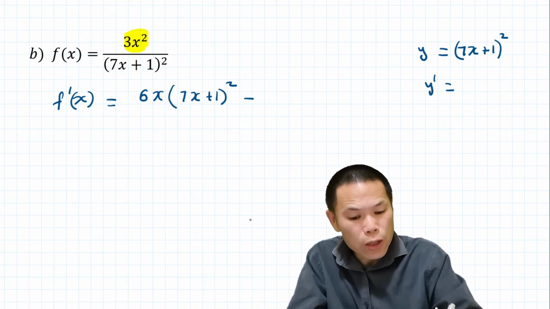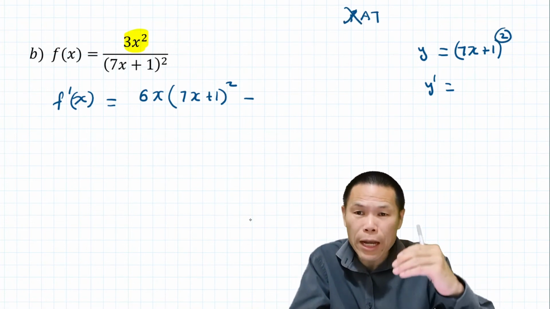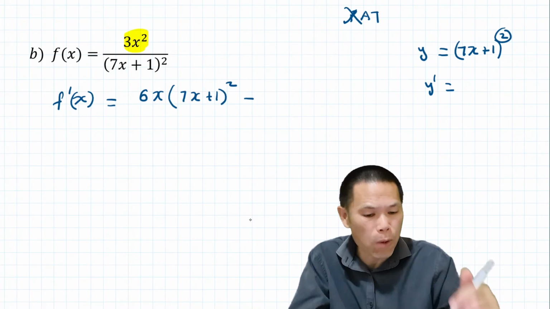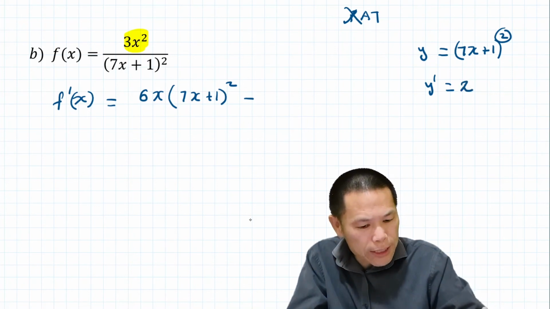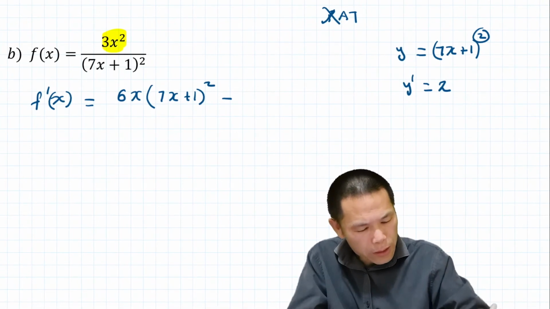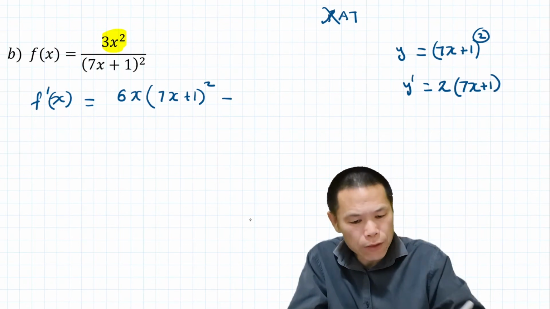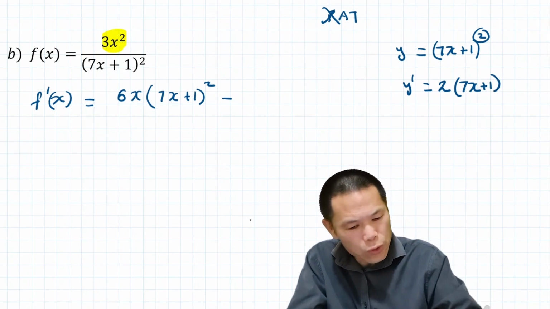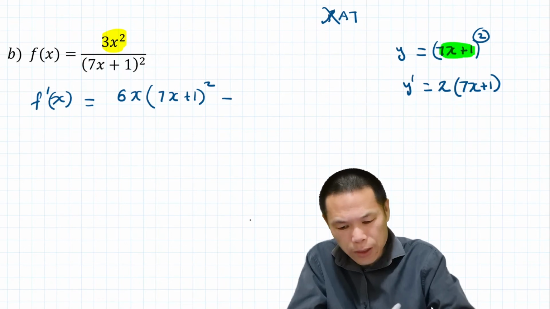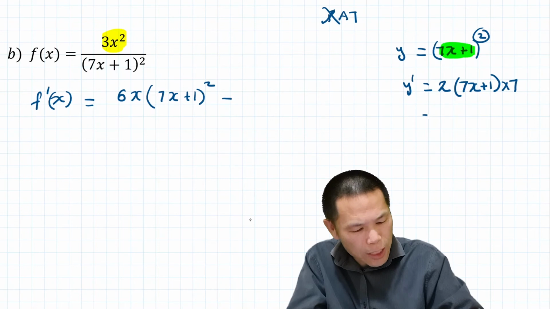So we use the power and angle trick. So the power is power of 2. So we bring it down and then we minus 1. So that becomes power of 1. So the 2 we bring down. So that will give me 7x plus 1. And then we times by differentiate the angle. So we treat this as an angle. So differentiate that, gives me 7. So let me just tidy this up.